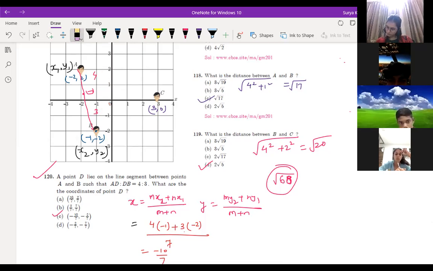You are switching m and n. This is m, this is m, and this is n, you are saying. Sir, that's what I did. No, what I am saying is where you start from, x1, y1, from that side only you should take m and n also.